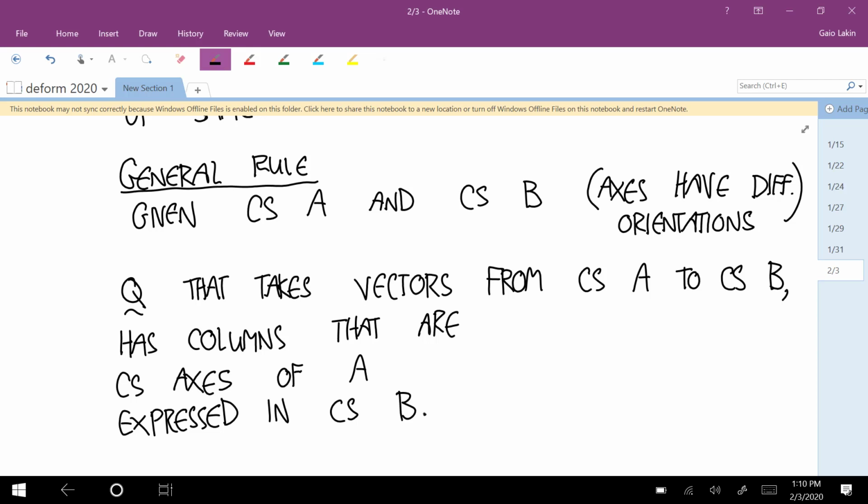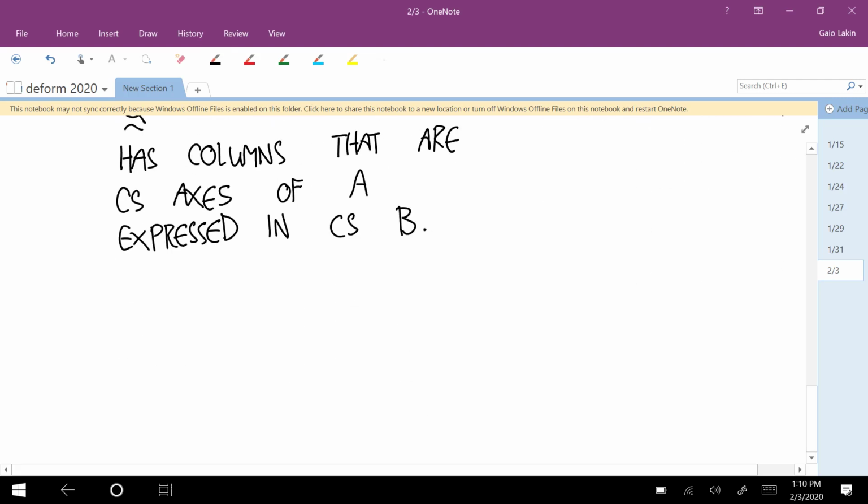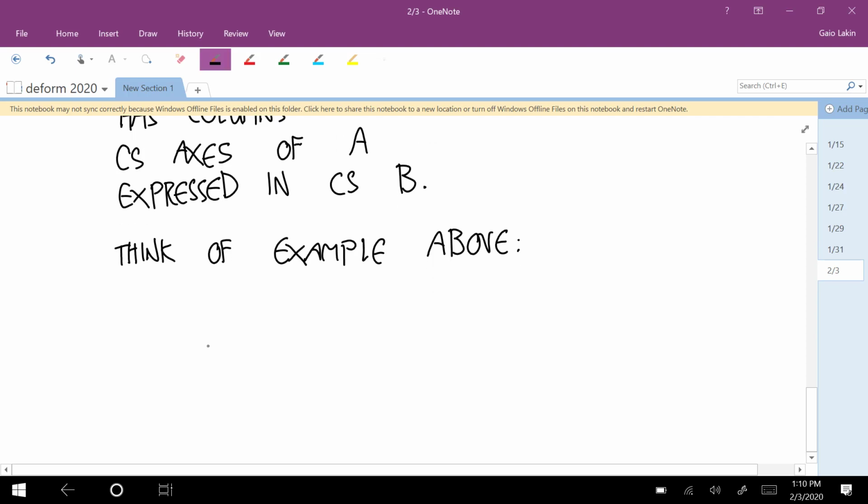All right, so let's see how this works on this example. So our coordinate system A is this. And the z-axis coming out. And our coordinate system B is this.